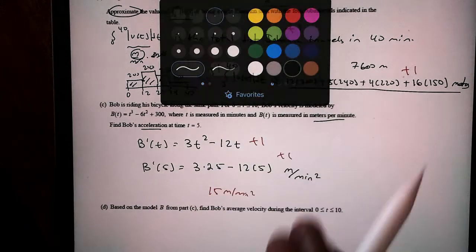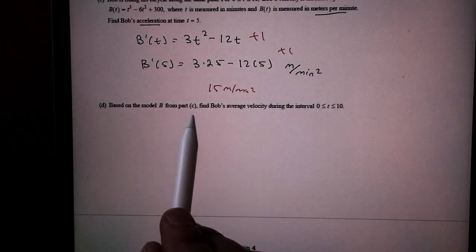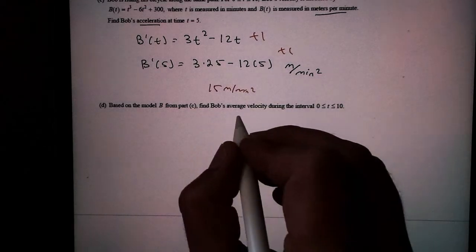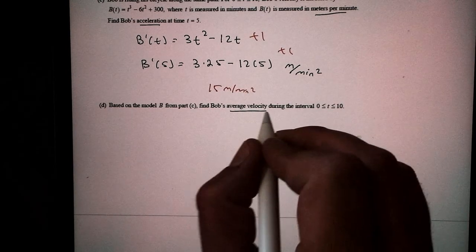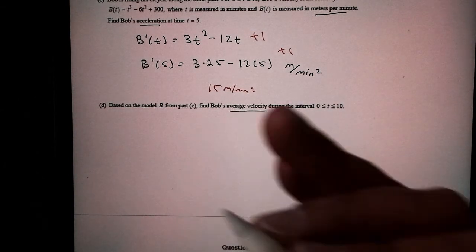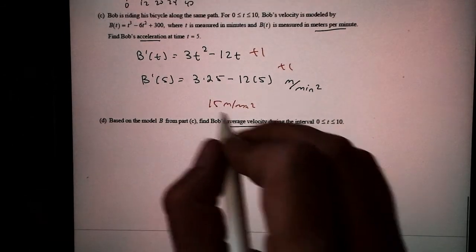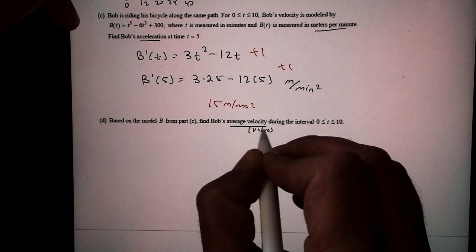And the last question says, based on the model B from part C, find Bob's average velocity. Now this is a tough one. Average velocity. This is not average rate of change, this is our favorite. This is our average value because for Bob, B of t is our value. So velocity for Bob is our value there.